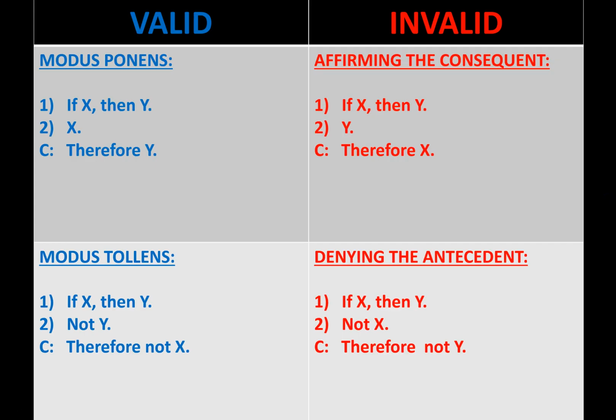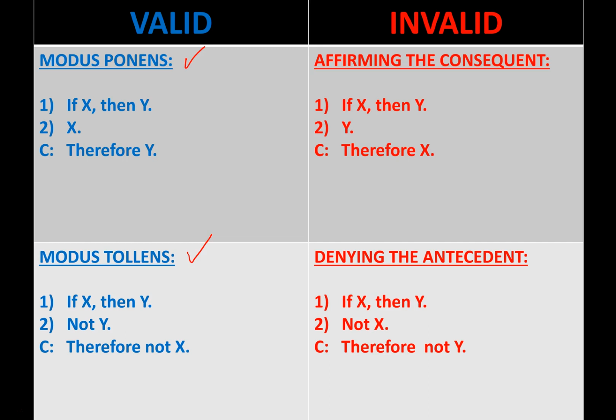So first, the two valid forms of hypothetical syllogism are known as modus ponens and modus tollens. Okay? So for modus ponens, the form goes like this. If X, then Y. And then you're affirming X in order to conclude with affirming Y. No matter what you plug in for X and Y, always valid and known as modus ponens.